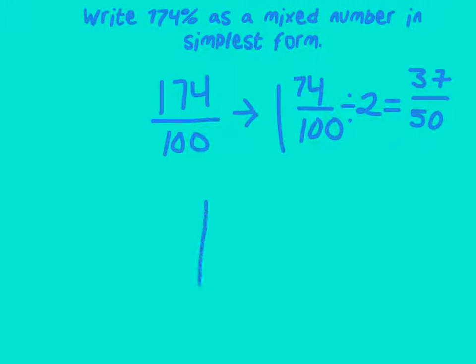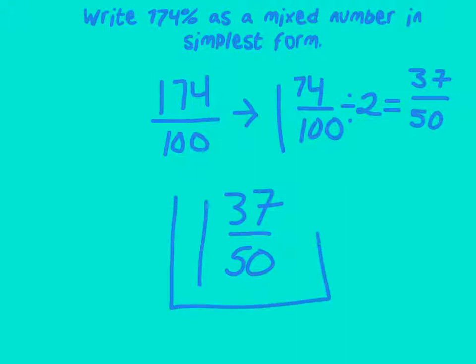So our answer is 1 and 37 over 50. When you have these, make sure you don't forget to put your whole number, and don't just put 37 over 50, because it would be wrong at that point. Make sure you remember to put your whole number as a mixed number if you have a percent over 100.